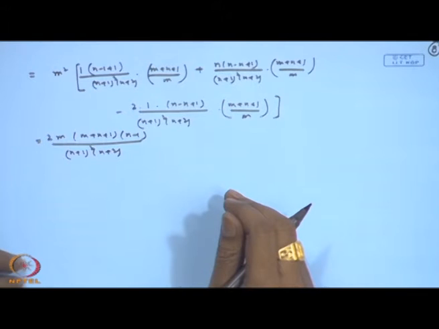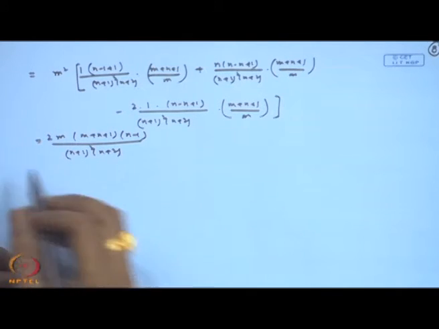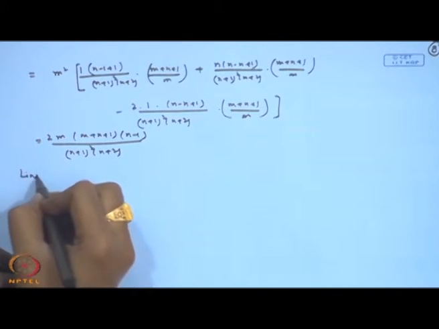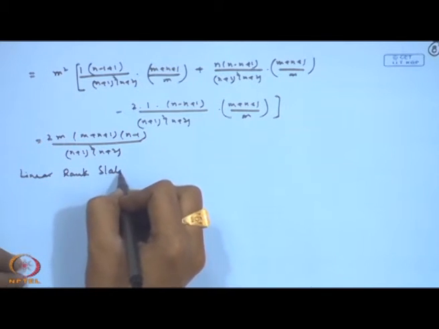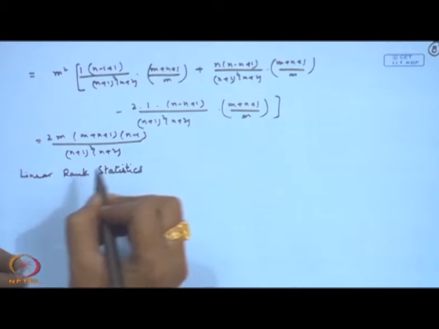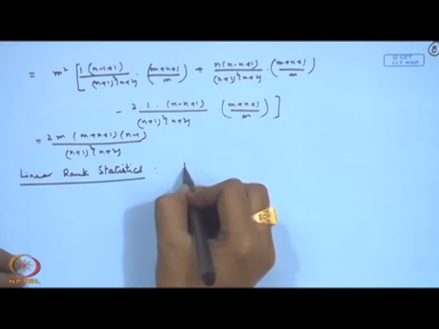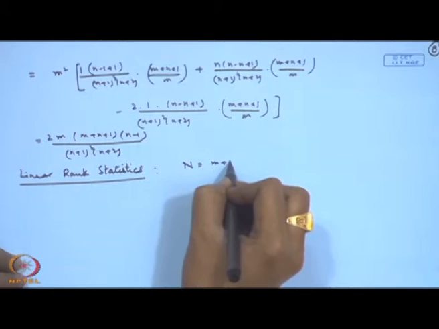In general, we can define linear rank statistics. Two samples of sizes m and n are there.